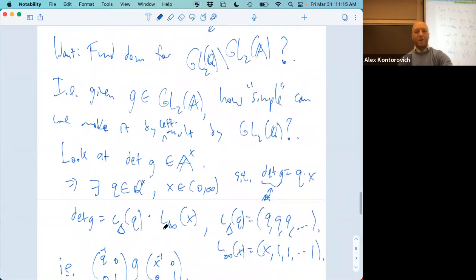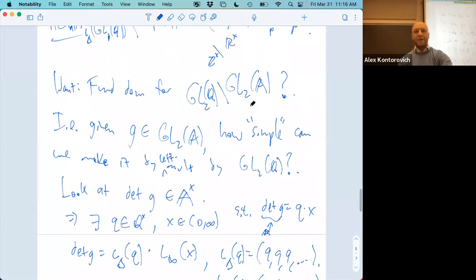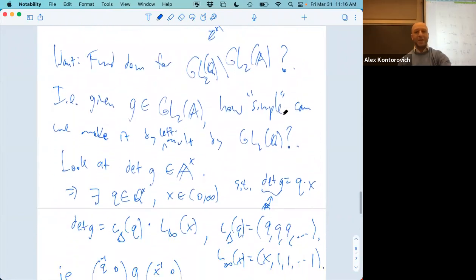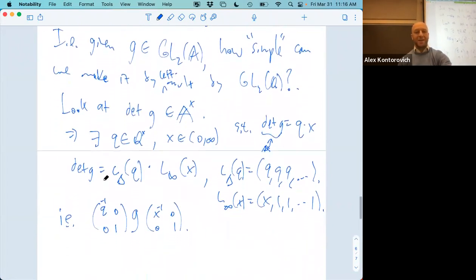So what I really want is that I can make the X term exactly 1, and then I have something in ZPs, this equality, times something in ZPs, times U, which is in the finite adels. So U is of the form 1, and then something, an element of ZP for all P.